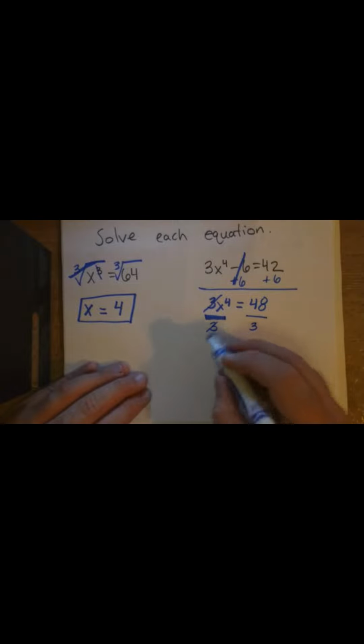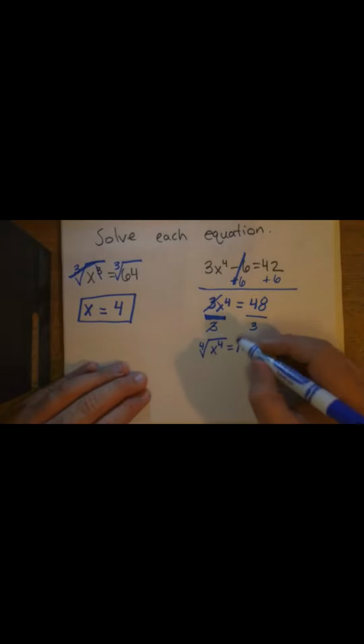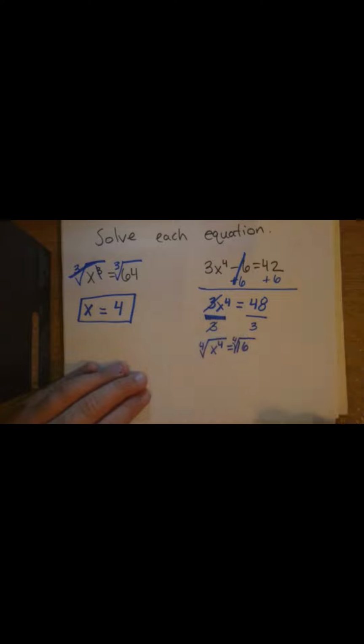To undo that power 4, we need to take the 4th root of both sides. What happens on the left side is these undo each other, leaving us with x. And the 4th root of 16, you can plug this into your calculator, and actually 16 is 2 times 2 times 2 times 2. So that means that the 4th root of 16 is just 2.